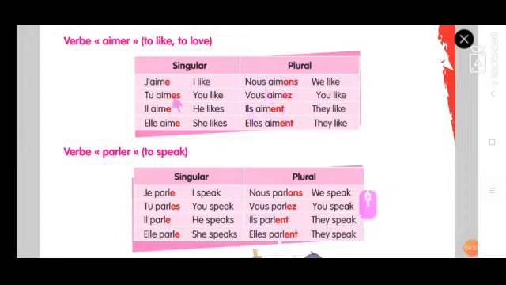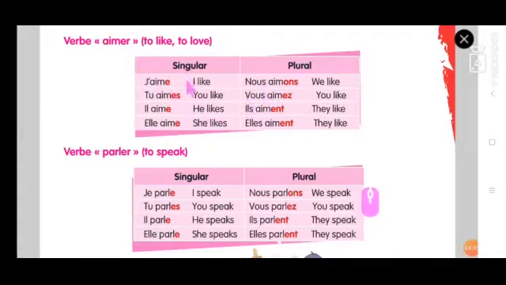Sound number 1 is aim, aimons, aimer. So there are 3 pronunciations for this verb. Not only this verb, for any ER verb there will be 3 pronunciations: one is the radical, second is the nous conjugation and third is the vous conjugation.